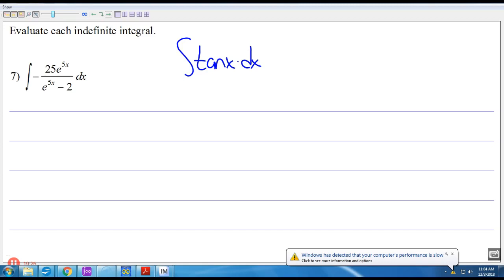First hint is what does tan mean? Sine over cosine. Start there.